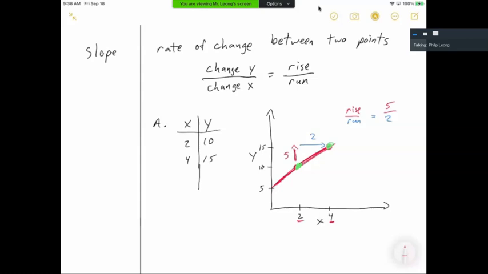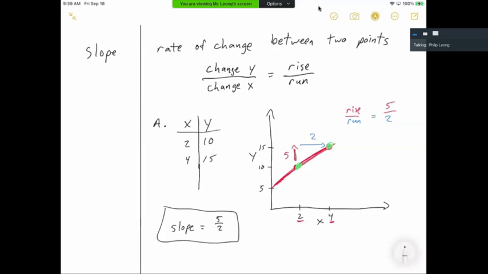So that means, simply, my slope is 5 over 2. That's it. This time with slope, you keep it as an improper fraction. What we like about the improper fraction is it tells you where my next point would be. Oh, up 5 over 2.